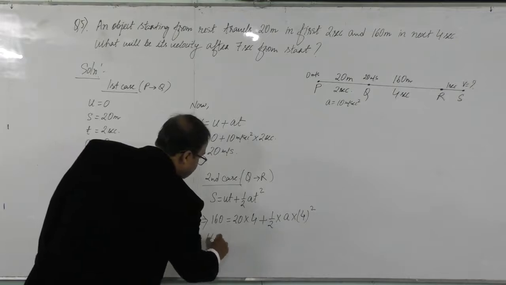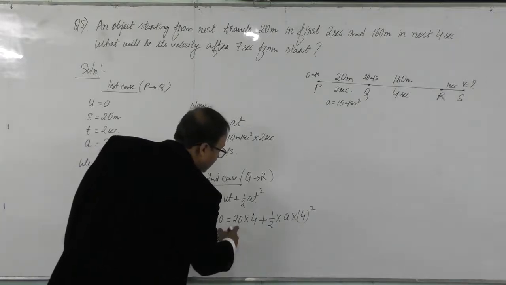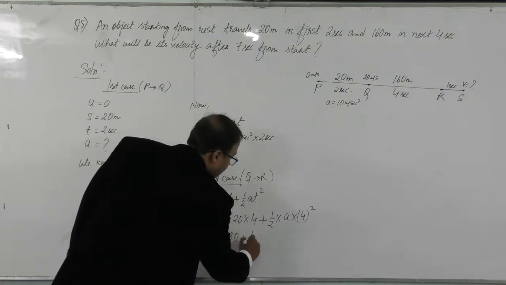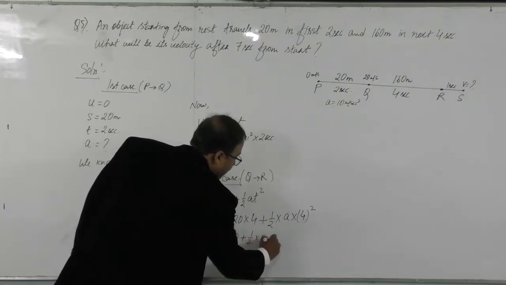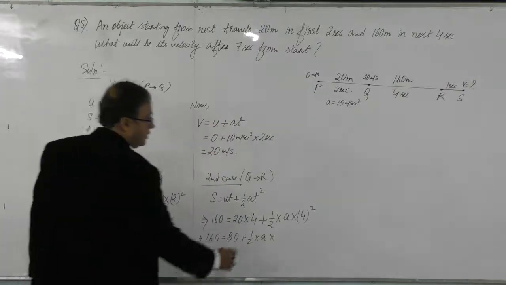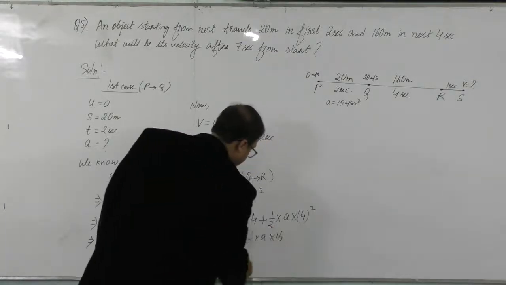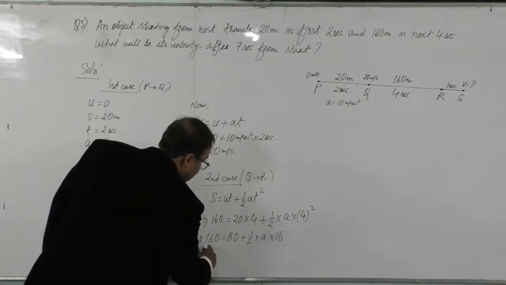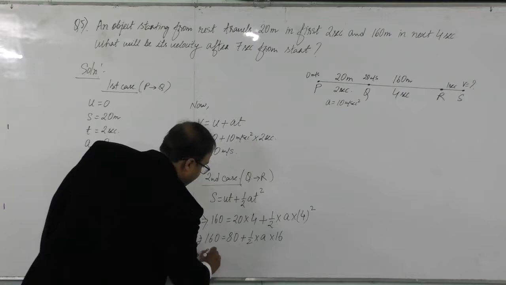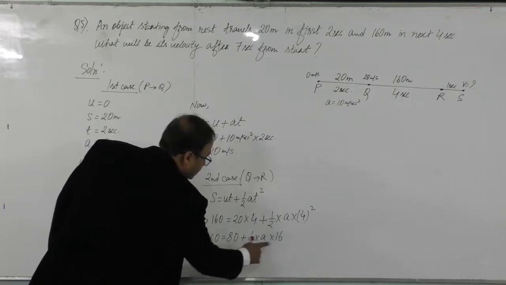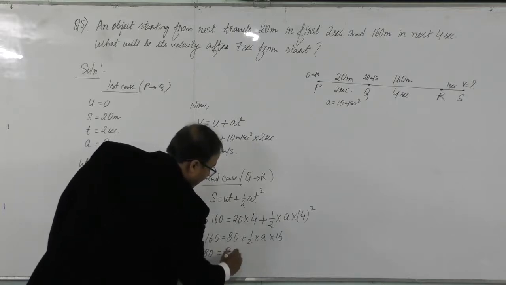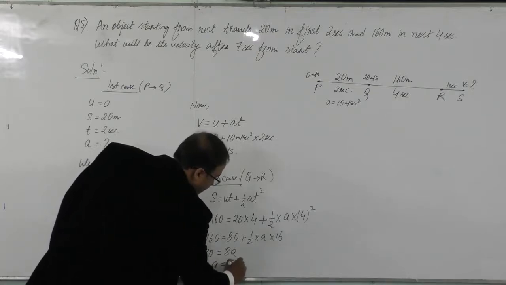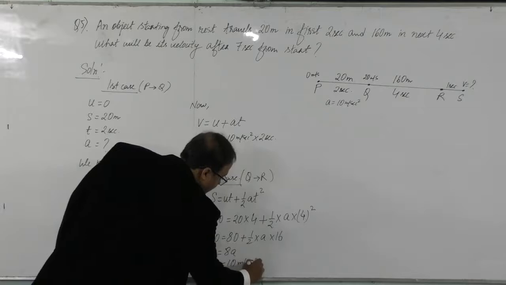So 160 equals 20 into 4 is 80 plus 1 by 2 into A into 16. So 160 minus 80 will be 80 equals 8A. Therefore acceleration will be 10 meter per second square.